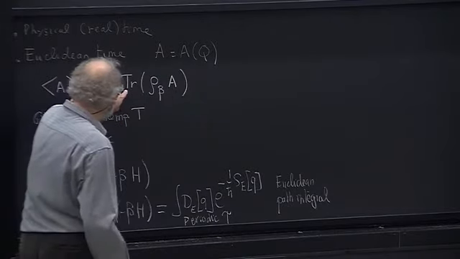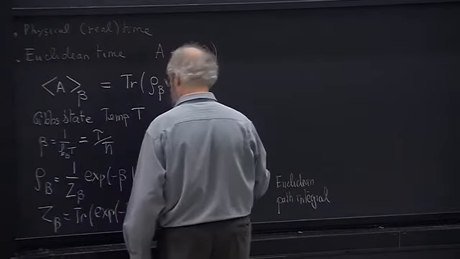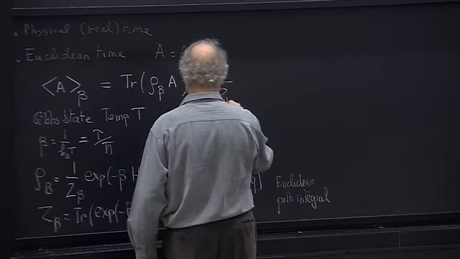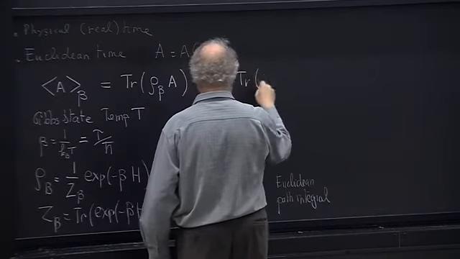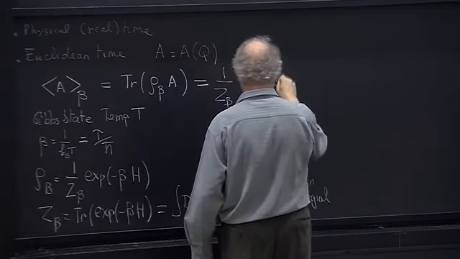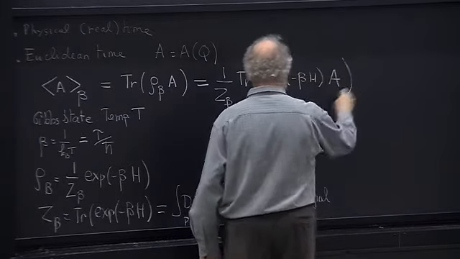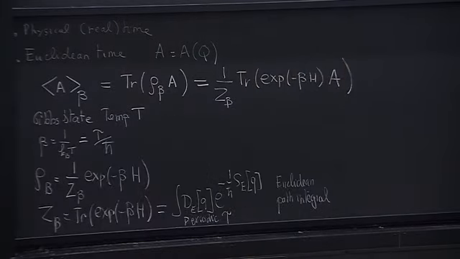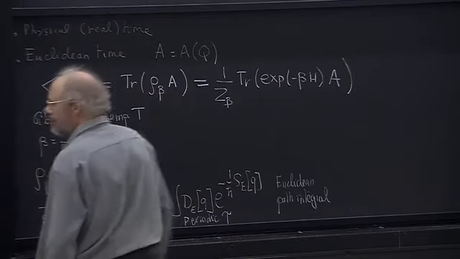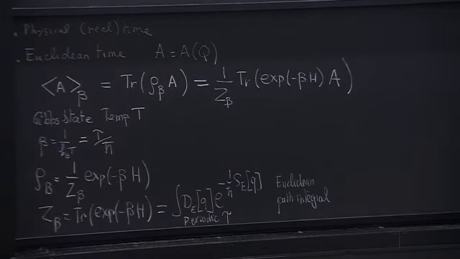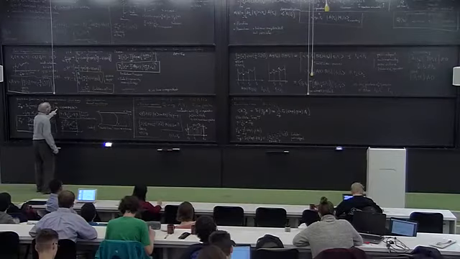So this is 1 over Z beta times the trace of exponential minus beta H times the operator A. Well, we can play the same game that we did here.